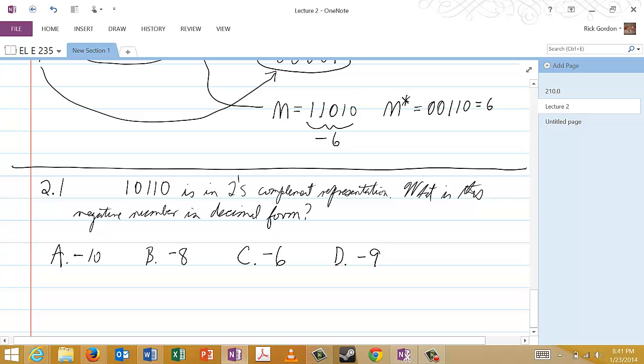So this will be problem 2.1: you need to pick which one of those decimal numbers is equal to that 10110 if we assume that it's in 2's complement representation.